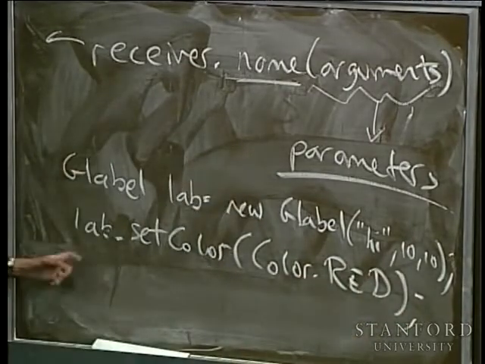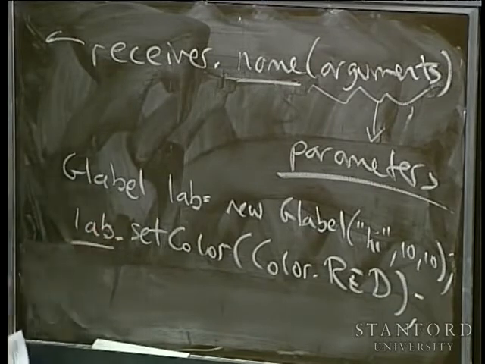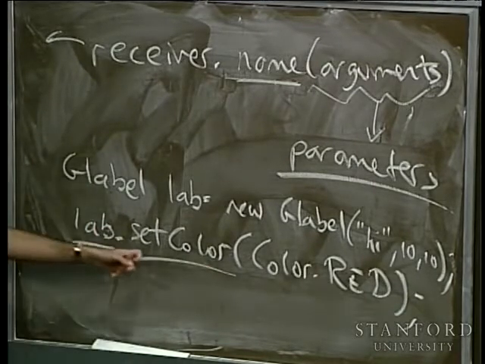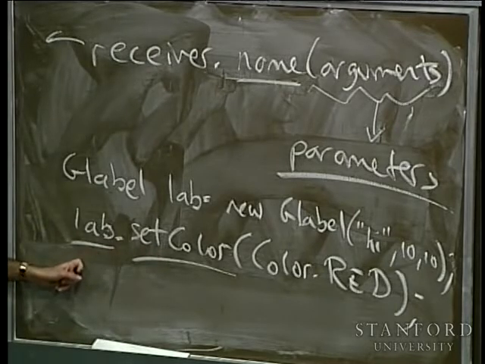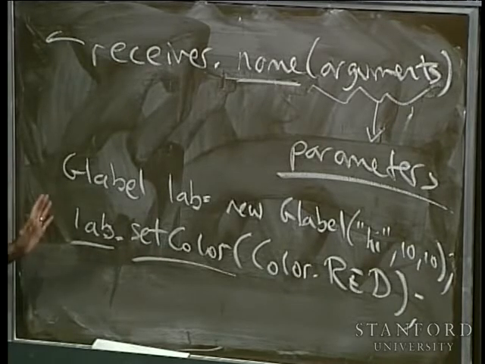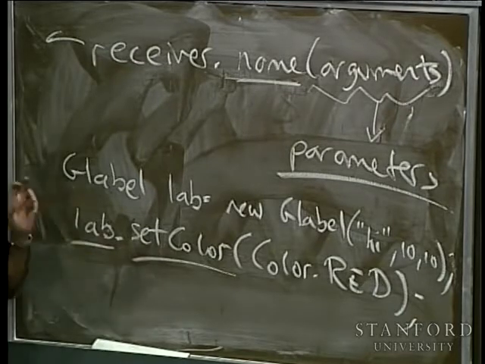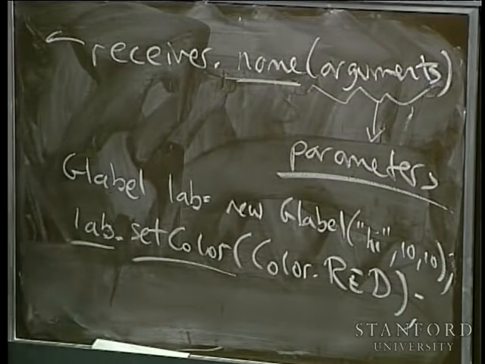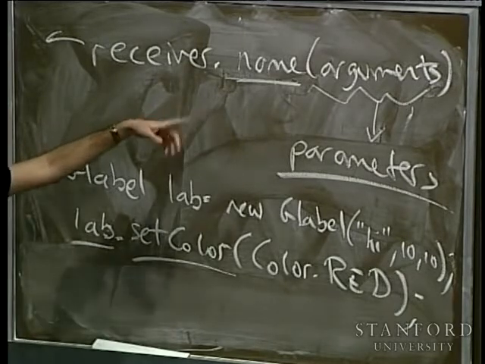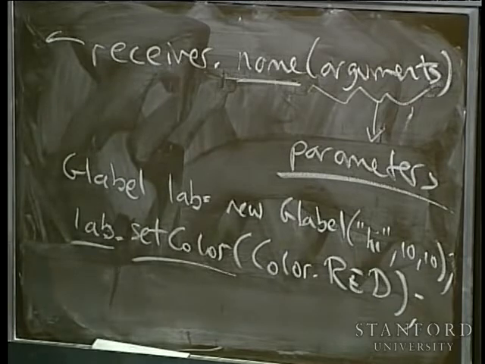Okay? So when I've done that, lab is the receiver, the method name is setColor, and alternatively I would say that I'm sending the setColor message to lab. That's just terminology that we use, you should just be aware of it. So setColor is the message that we're sending, and lab is the receiver of the message. Same kind of thing as the name of the method and the receiver of that method, or making a method call or a method invocation. Those names just get used interchangeably.